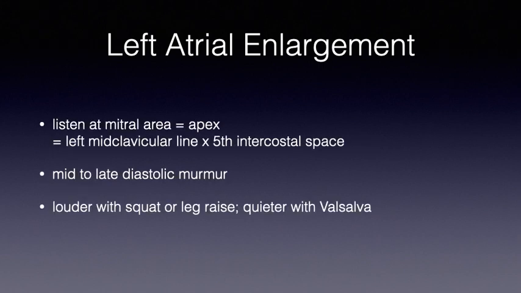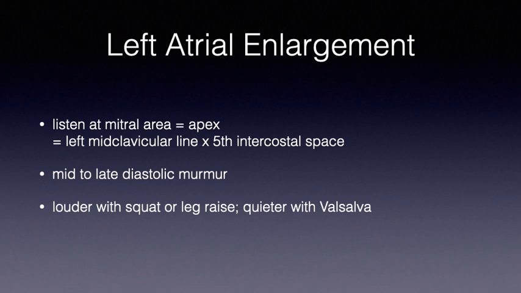The murmur from mitral stenosis is best auscultated at the apex, otherwise known as the mitral area. This spot is in the fifth intercostal space at the left midclavicular line. Since the murmur occurs as the left ventricle fills, it's a diastolic one. It's considered mid to late diastolic because it doesn't start while the S2 sound is happening.